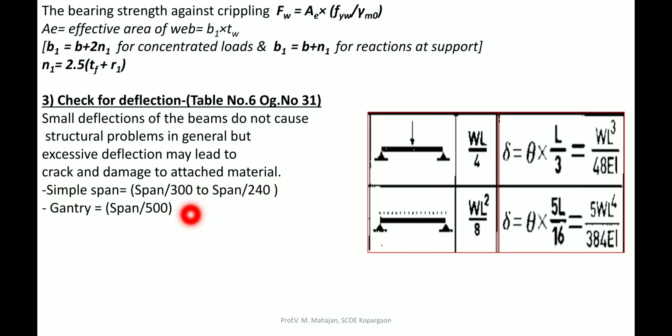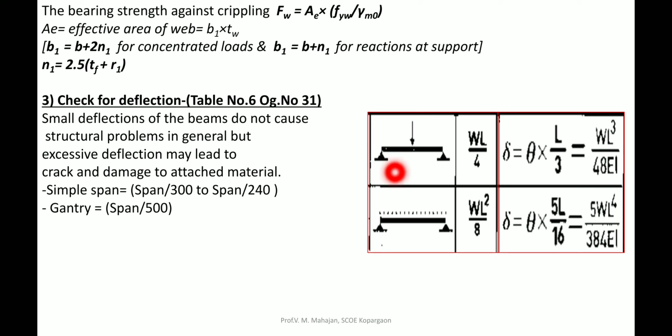For a simply supported beam, the limit is span divided by 300 to span divided by 240, so we check this deflection. If it is a gantry girder, we take span divided by 500.